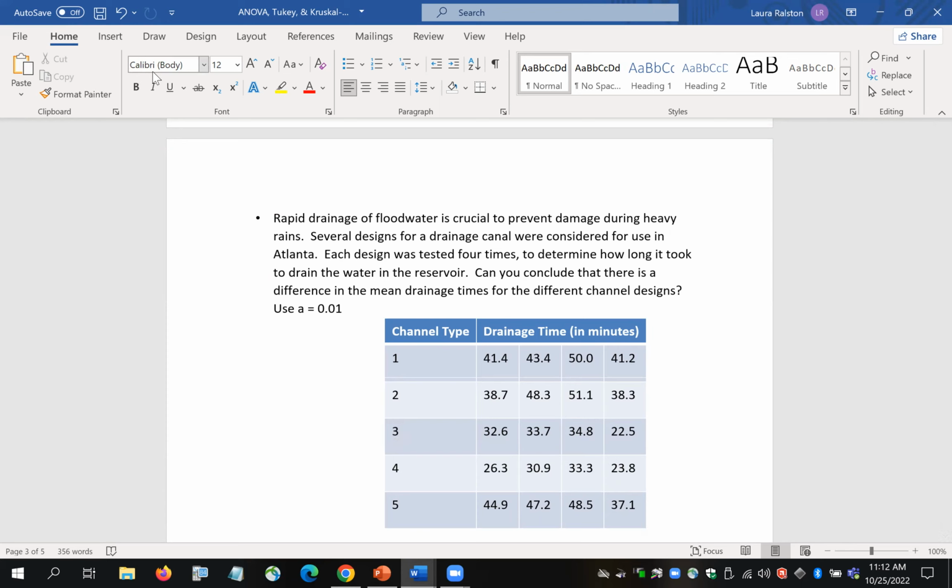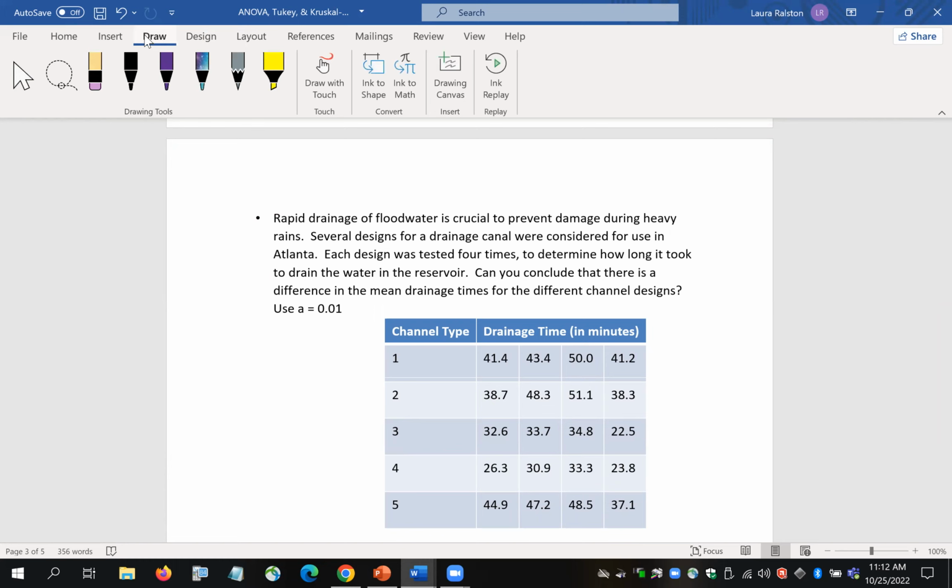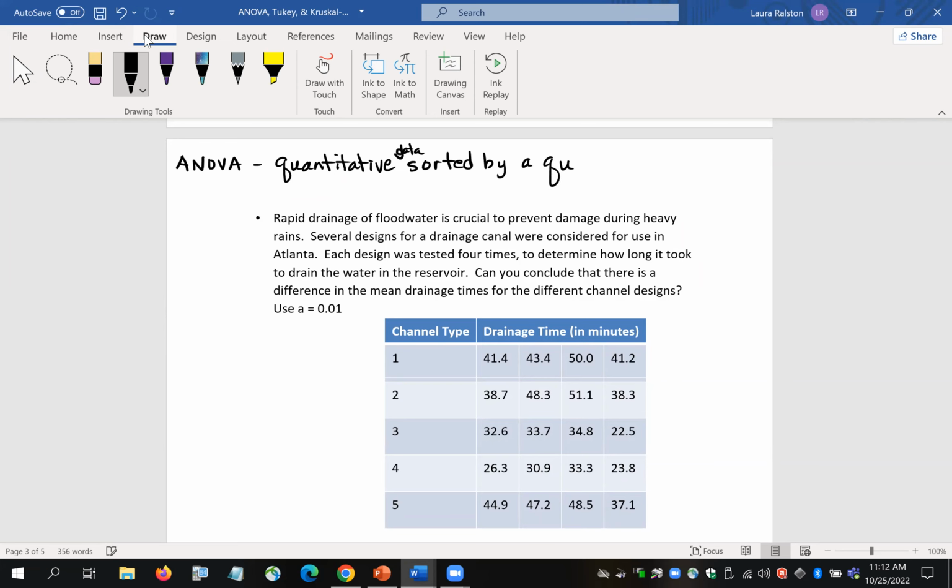So again, just as a nice review for us today, and I apologize for my confusion, but ANOVA we use whenever you have quantitative data sorted by a qualitative variable.